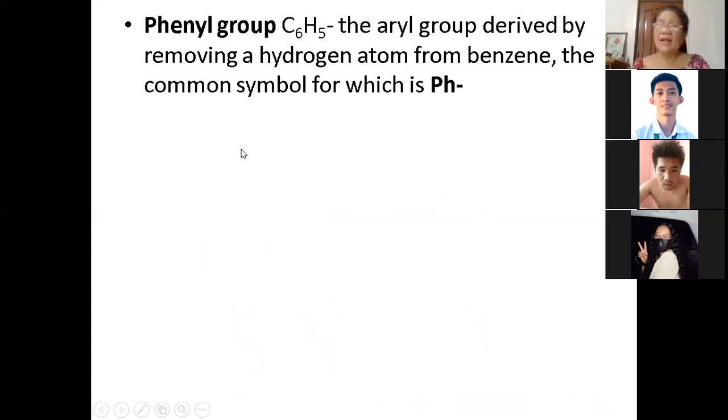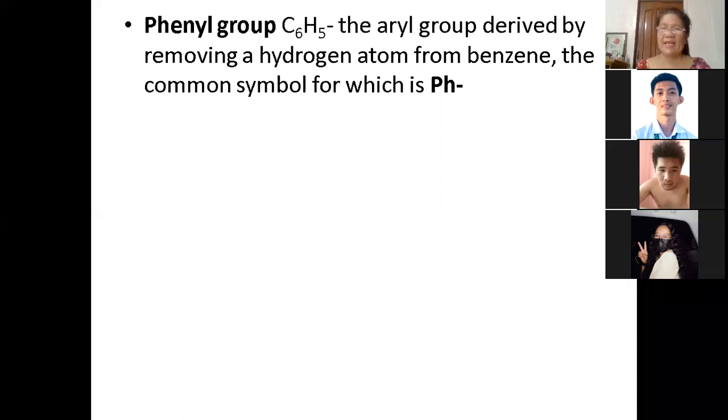So another thing is phenyl group, no? This is the aryl, no? Derived, removing, how it is being derived. Of course, you are going to get, diba, that is C6H6, but it is being attached. Therefore, your hydrogen will be lacking with one. That will be C6H5, or you can have a symbol of that as Ph.